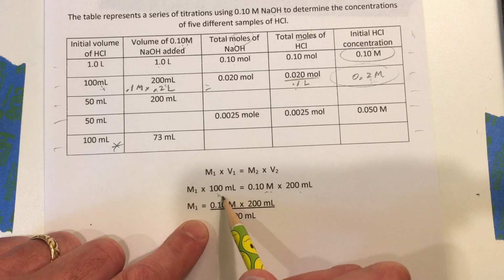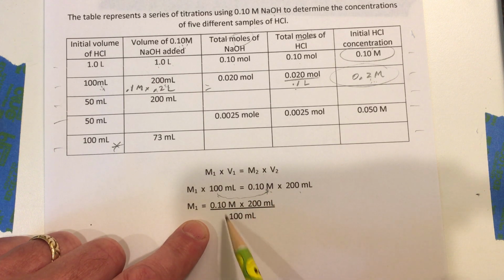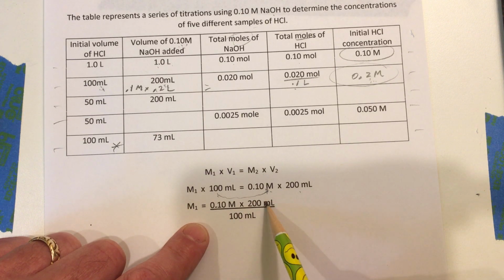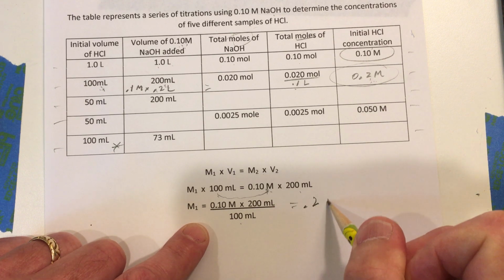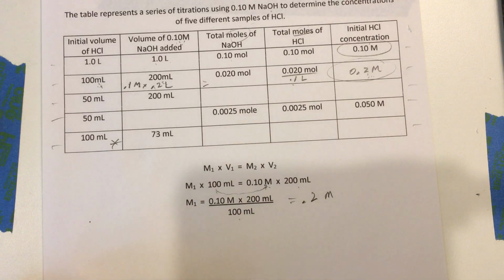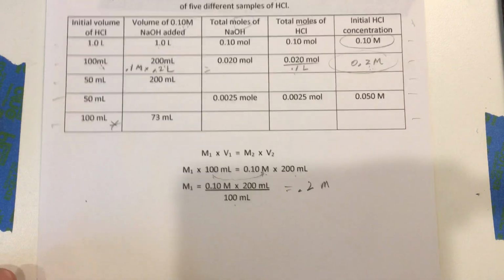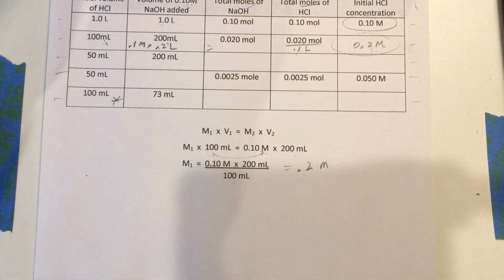And again, I need to move the 100 milliliters under this side here. That's what I did there. 0.1 times 200 divided by 100, and that will give us our answer, 0.2 molar. So just use that equation when you're doing this table to solve the rest of those.